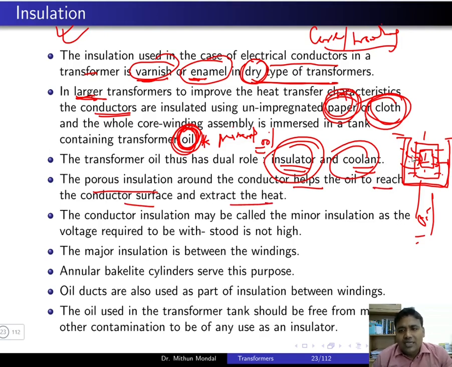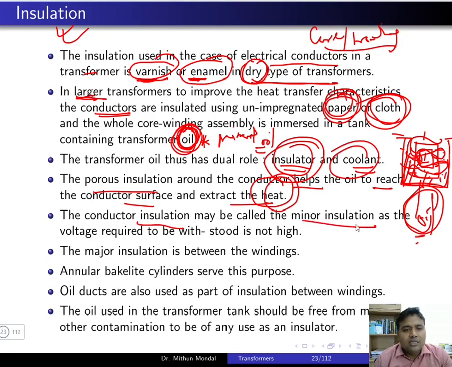So whatever heat is produced inside the transformer, due to the presence of the oil, it will circulate in the winding and take away the heat of the transformer. So the conductor insulation may be called minor insulation or it can be a major insulation. Where the voltage requirement is less, obviously it will have a minor insulation, and where the requirement is more, it is a major insulation.